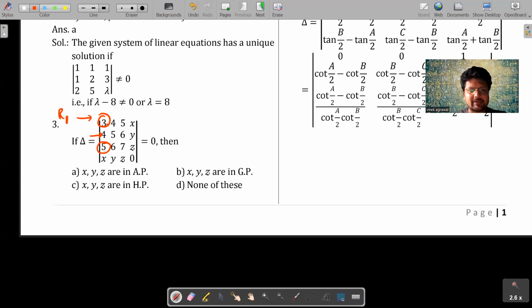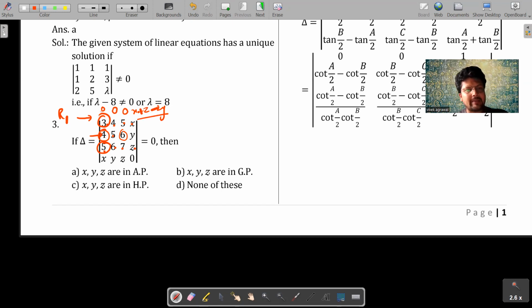So 3 plus 5 is 8, 8 minus double of 4, which is also 8, so 8 minus 8 gives you 0. Now 4 plus 6 is 10 and double of 5 is also 10, so after subtracting you get 0. 5 plus 7 is 12, double of 6 is 12, so you get 0. And here you will get x plus z minus 2y.